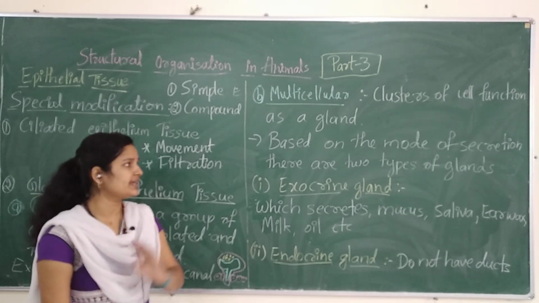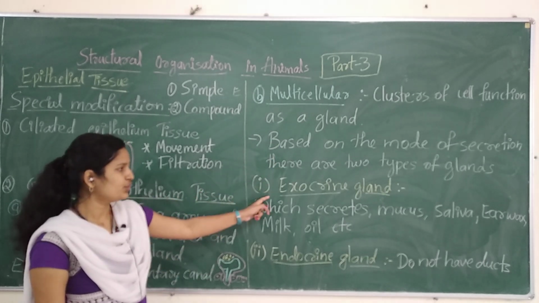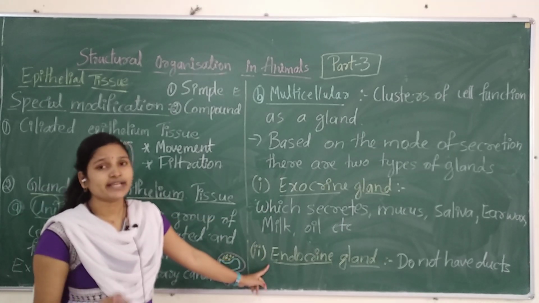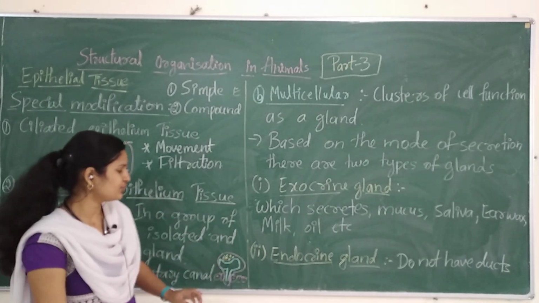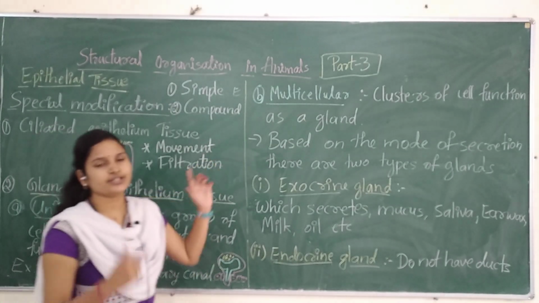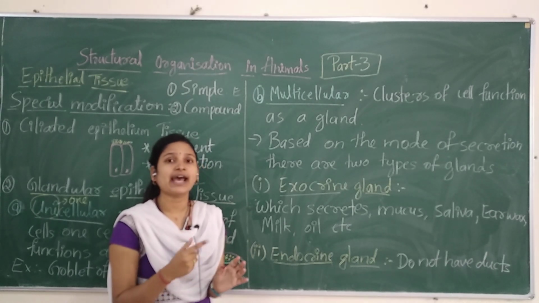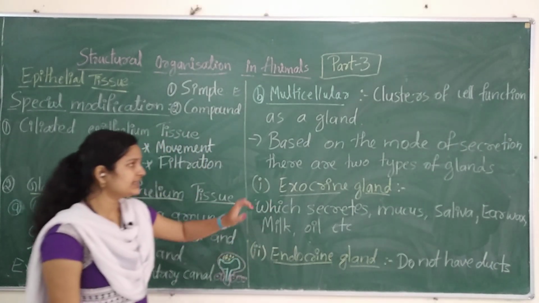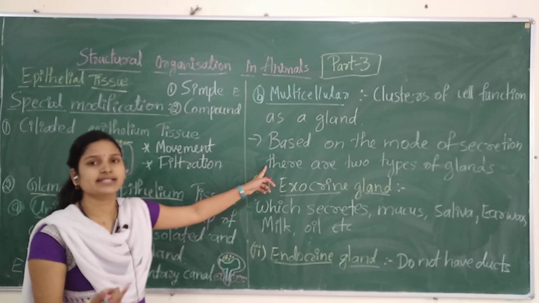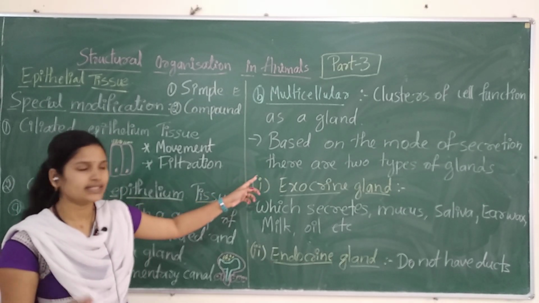In that special case, in the multicellular glandular epithelium, there are two types, based on the secretion, because one cell will start secreting, and a multicellular cluster of cells performing one particular function will act as one gland, and on that basis they start secreting, whether it may be a chemical substance, hormones or anything.